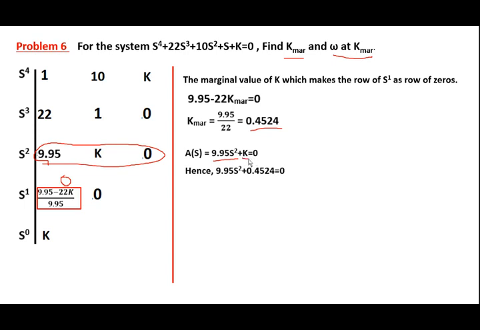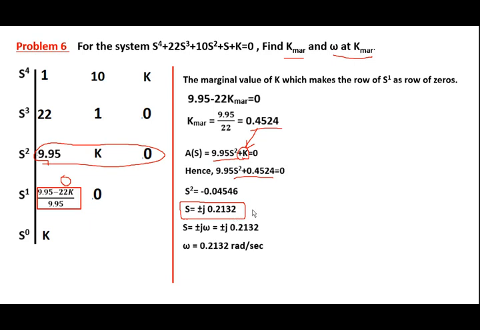Now substitute the value of k here, that is 0.4524 or 0.4525. So I will be getting this equation. After that, find out the roots. That is the s value. Here 9.95 s square equal to minus 0.4524. If you divide that by 9.95, you will be getting minus 0.04546. If you find the square root of this, you will be getting plus or minus 0.2132. So this is the root you are getting.